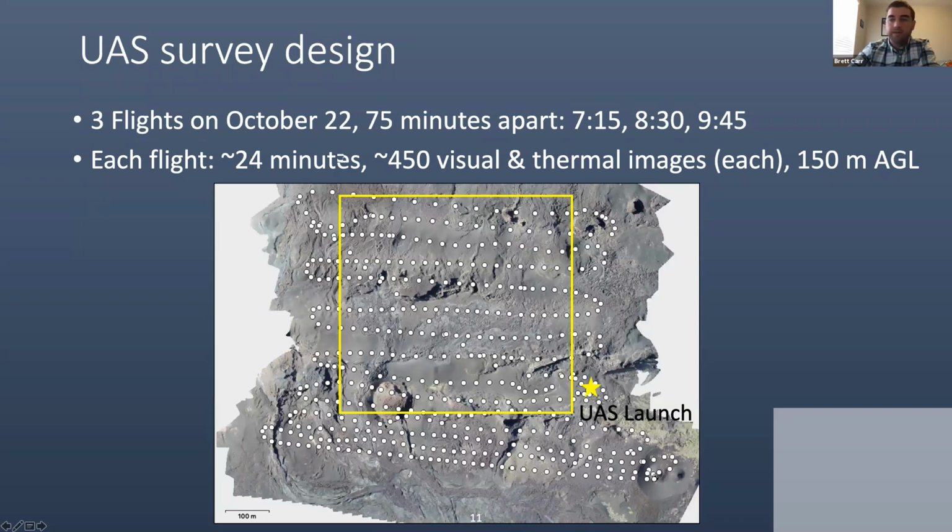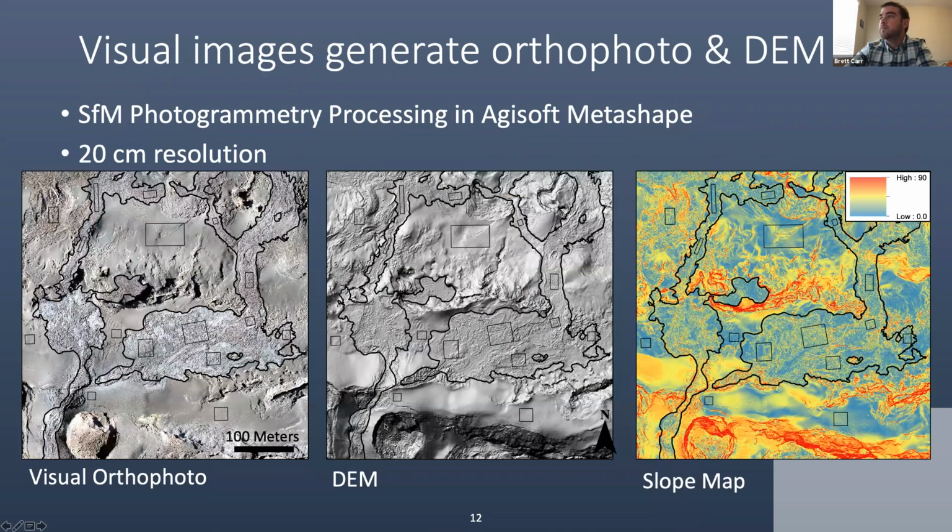So we took the images and applied the structure from motion photogrammetry technique and did all the processing in the Agisoft Metashape Pro software package. That gave us data with about 20 centimeter resolution, both in the visual and DEM and thermal data.